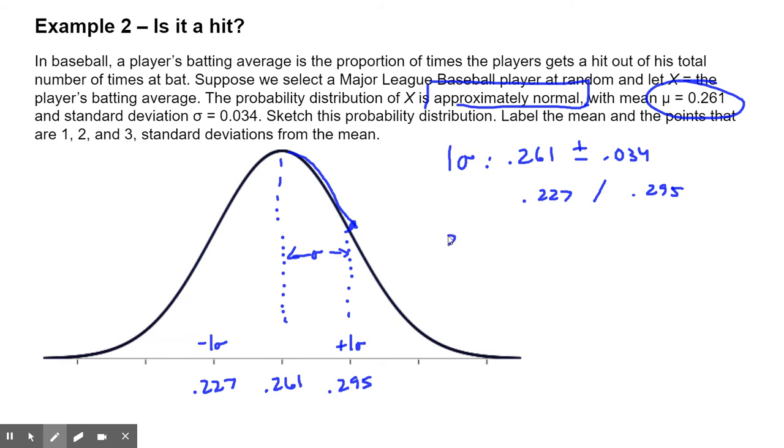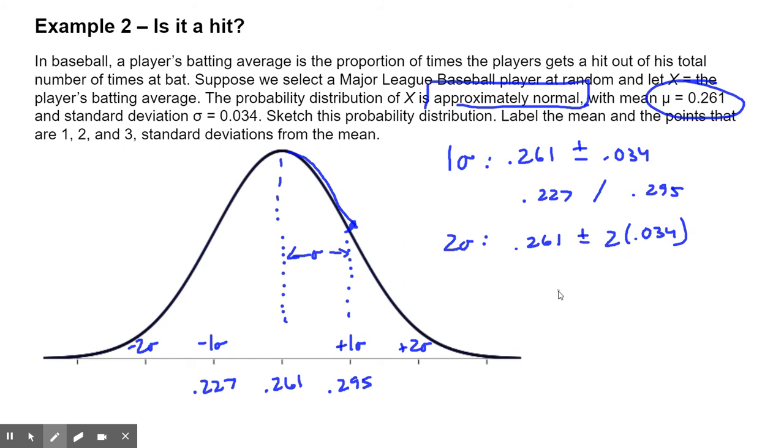Now, how do I find the points that are 2 standard deviations away? Well, you could do it two ways. Number one, you could take the mean and add or subtract 2 times the standard deviation. Or you could take these two numbers, 0.227 and 0.295, and subtract another standard deviation and add another standard deviation. Any way you do it, you're looking for 2 standard deviations below and 2 standard deviations above.